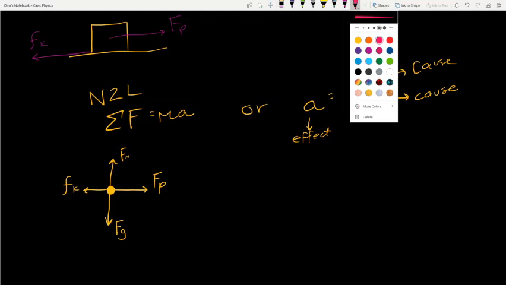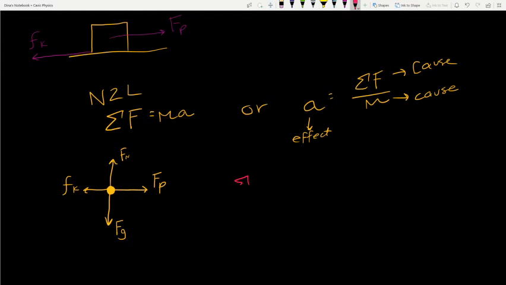And we can do the sum of the forces in the y direction, and we can do the sum of the forces in the x direction. Well, let's say this is an object being pushed on a horizontal surface, and that push is completely horizontal. So what forces do we have in the y direction?